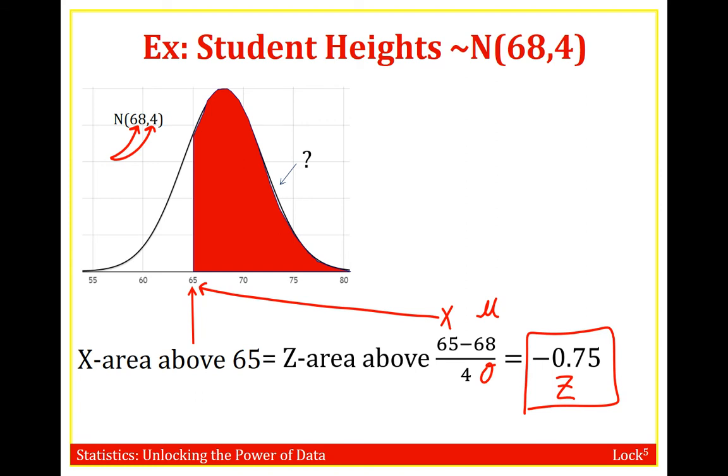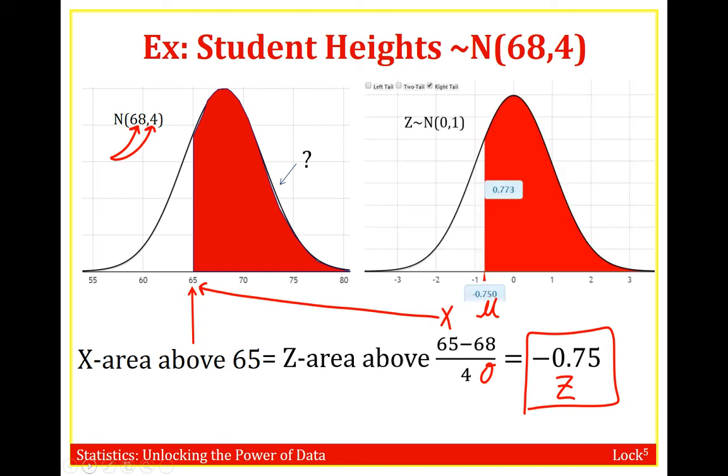Now my brain starts to go into circles and say, okay, if it's centered on 0 and it counts by 1 left and 1 right, then this negative 0.75 is a little bit to the left of 0. So on a standard normal, now I can put a negative 0.75. I can draw all the area to the right because I can count by 1 very easily.